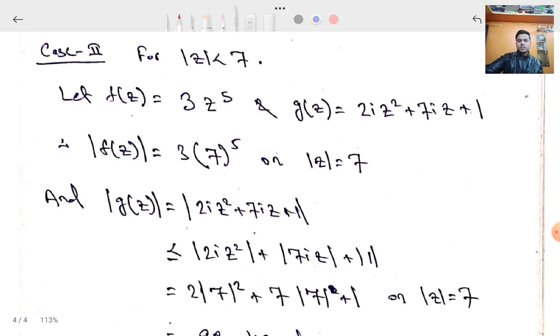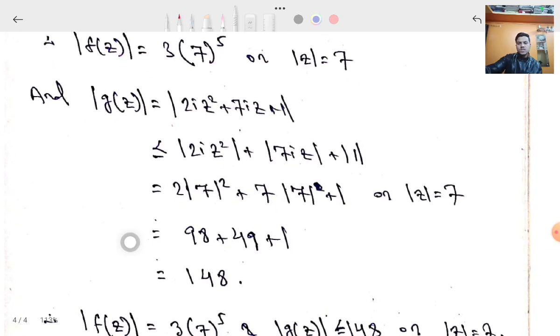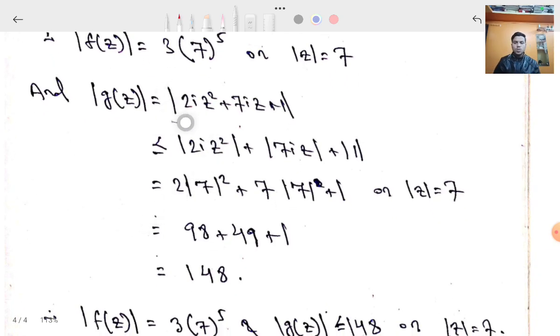Now, case 2. For |z| less than 7. So we are taking f(z) = 3z^5 and g(z) = 2iz^2 + 7iz + 1. Therefore, |f(z)| will be 3 into 7^5 on |z| = 7, and |g(z)| = |2iz^2 + 7iz + 1|, which is less than or equal to |2iz^2| + |7iz| + 1.